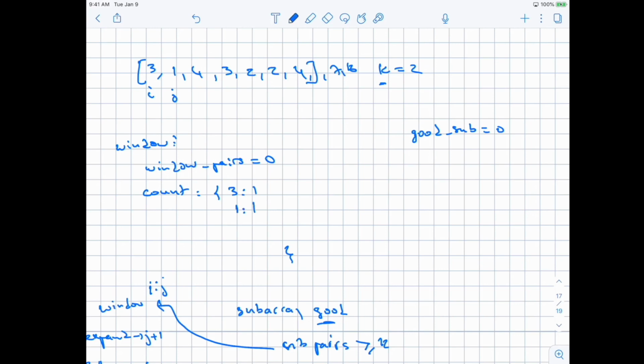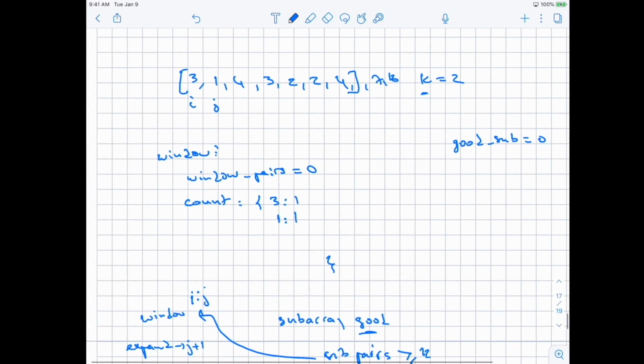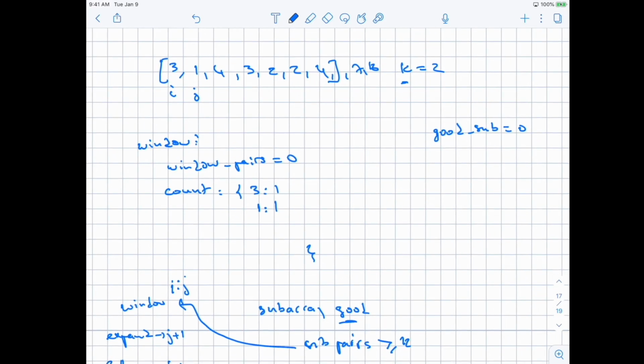Okay. And we don't have a window pair yet, because both have count just 1, so we move J again. Now we have 4 occurred once, so we move J again, because still no valid pair yet. 3, now it's interesting. Now we have 2 here, okay?